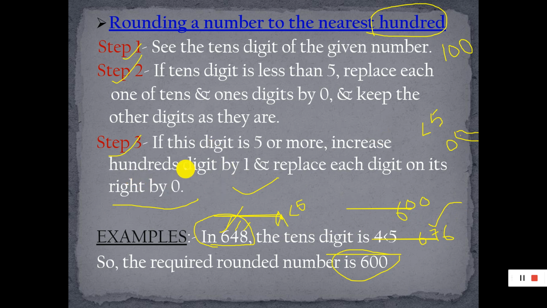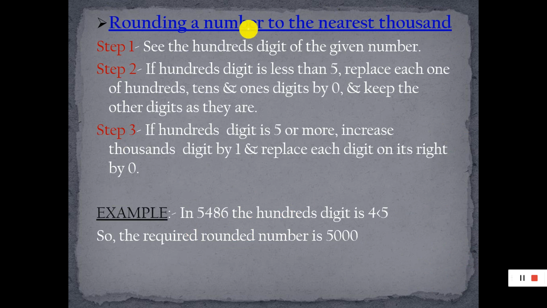You add 1 to the hundreds digit and replace each digit on its right by 0. So 6 and 1 become 7, and both right-hand side digits are replaced by 0. This is the estimate to the nearest hundred.